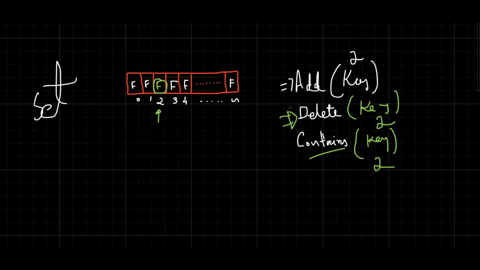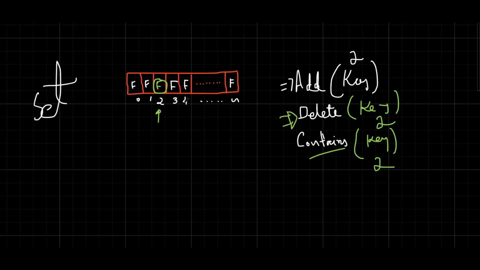That means we ensure that this value is removed from the current hash set. And for contains, we will simply return the value present in the respective index number. If the value is true, that means the respective key is present in the set, and if the value is false, that means the respective key is not present in the set. I hope you understood the algorithm.